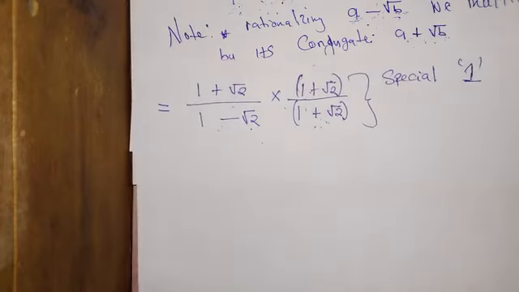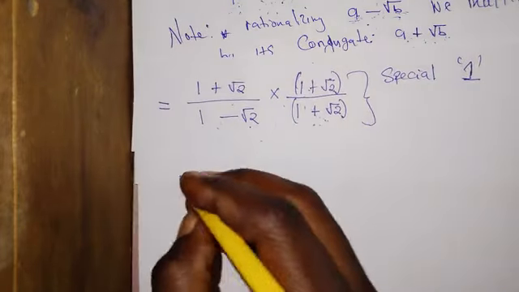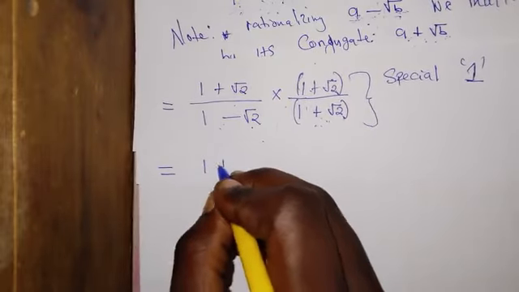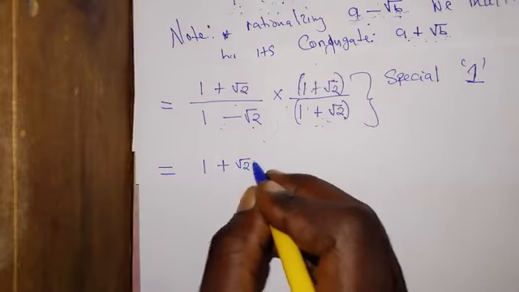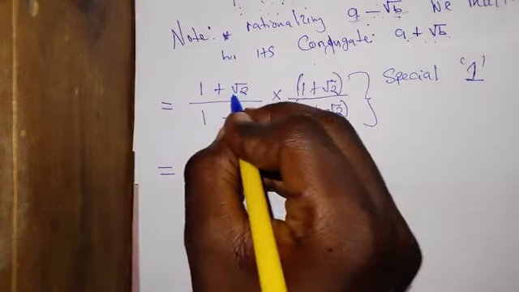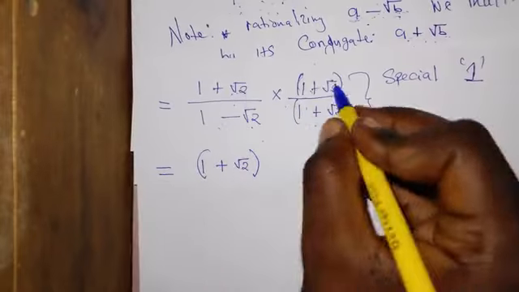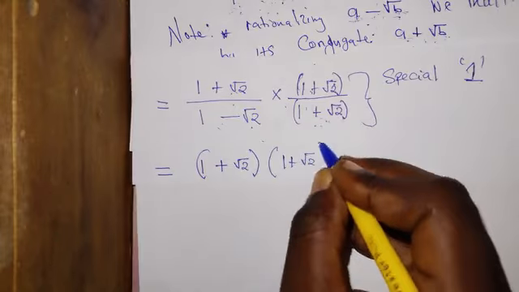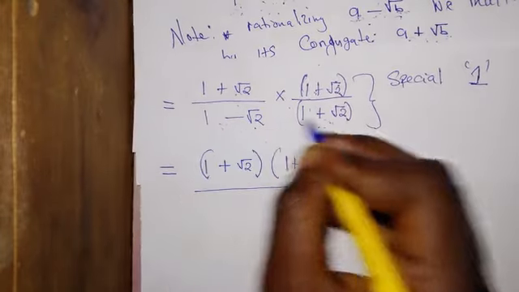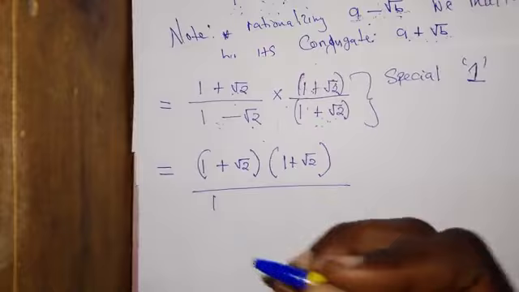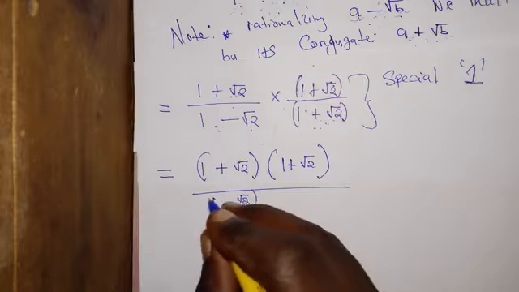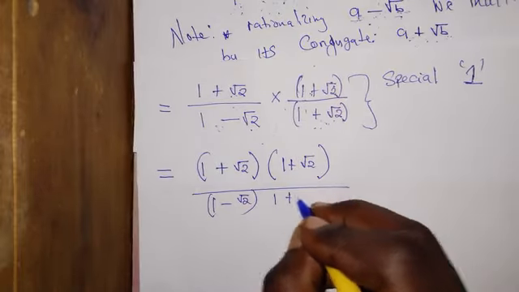So now, let's multiply that. So basically, what am I going to have? I'm going to have 1 plus root 2, which is this guy, times this, which will be 1 plus root 2, over this times that, which is 1 minus root 2, times 1 plus root 2.